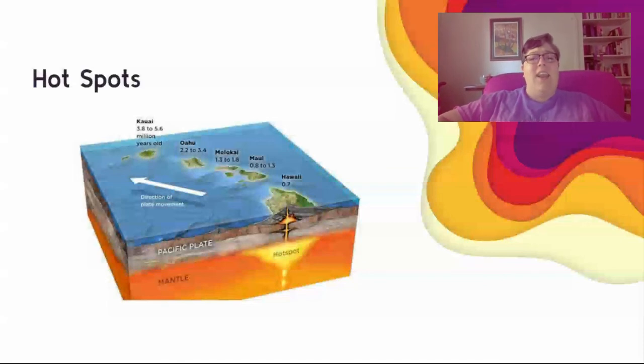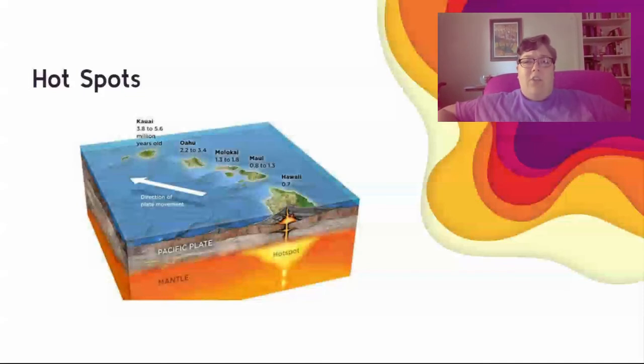It's not near any plate boundary at all, but if you listen to the news, you know that there are volcanoes in Hawaii and they frequently erupt. So, how can that be when they're not close to a plate boundary where we'd expect that to happen?